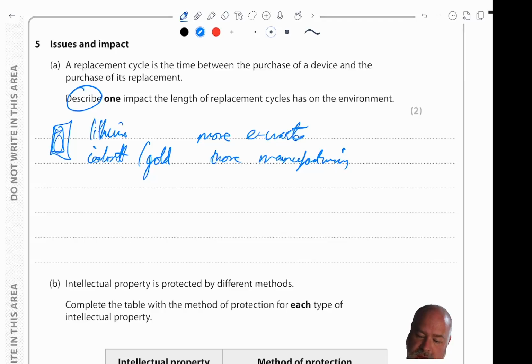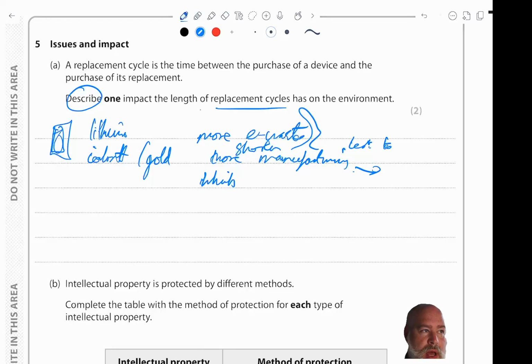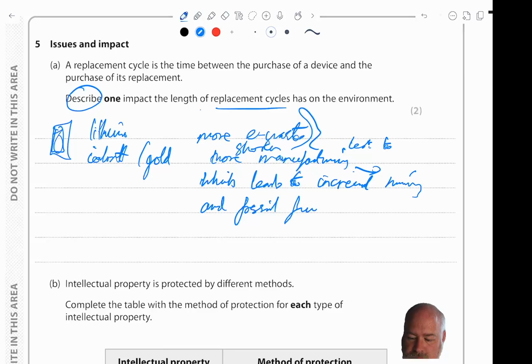So you could say shorter replacement cycles lead to more manufacturing, which leads to increased mining and fossil fuel use, something like that. You want to link these together.